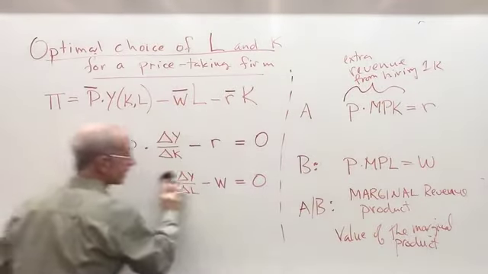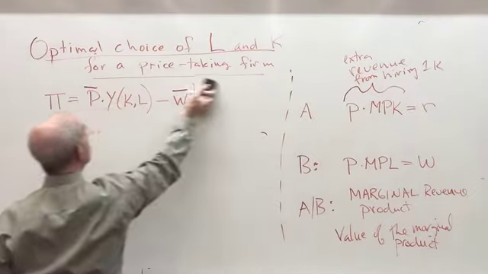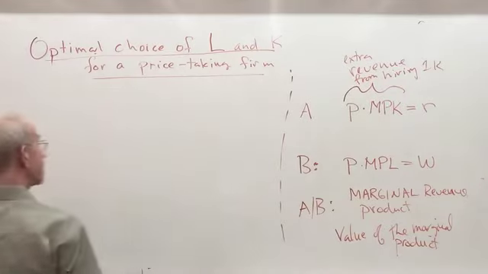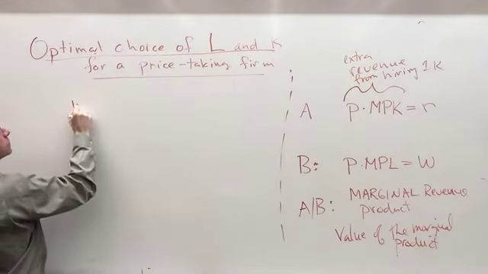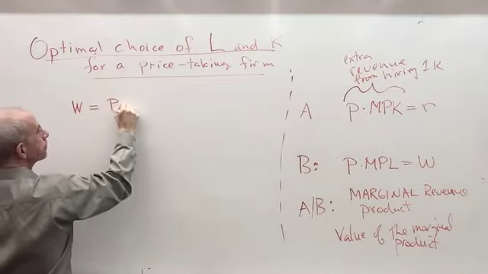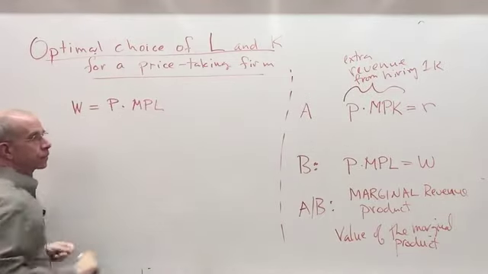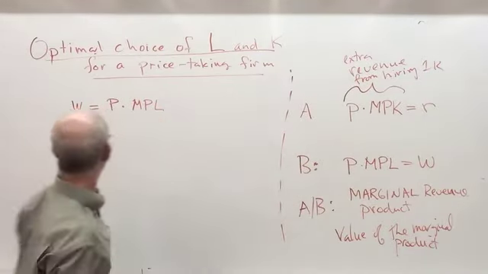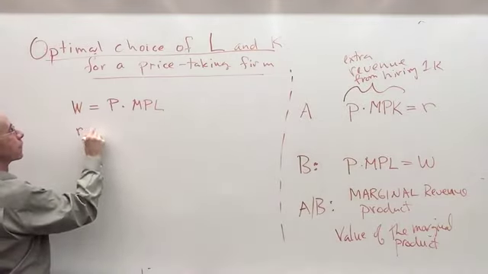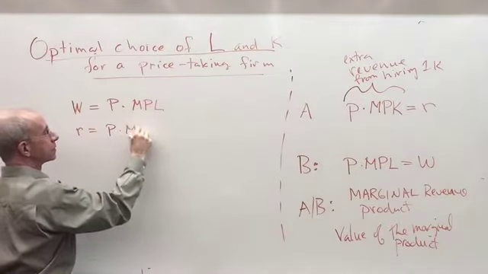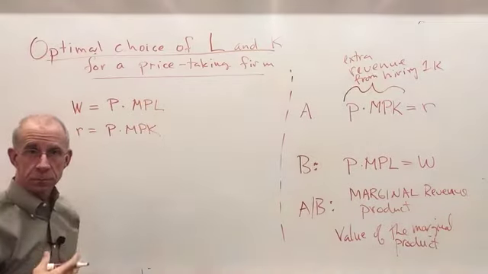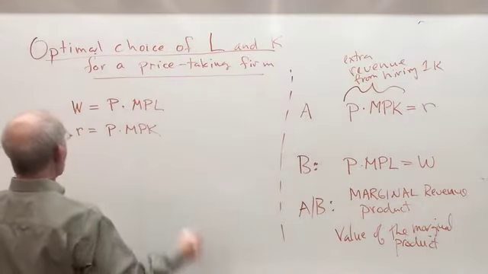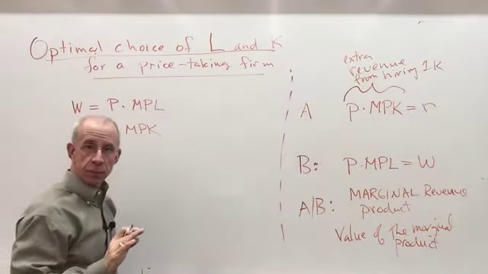Now I want to relate this to what we have seen before. This is condition B. This is condition A. I've simply rewritten it on the other side of the board. Let me look at the ratio of these two.